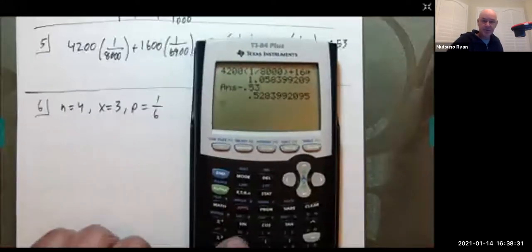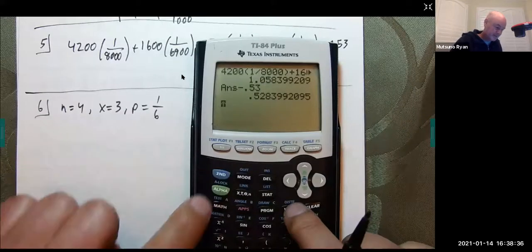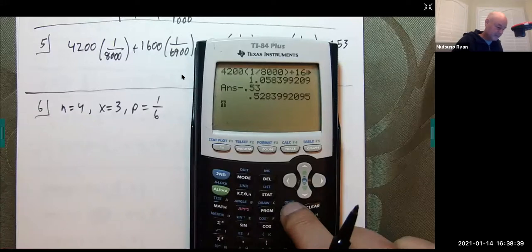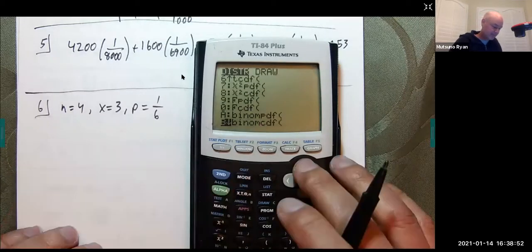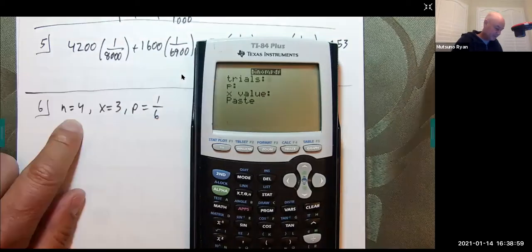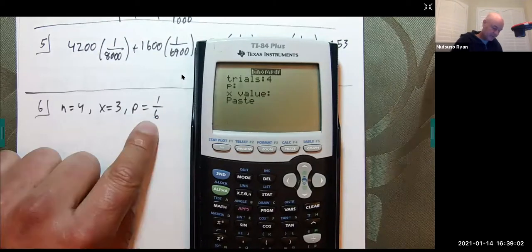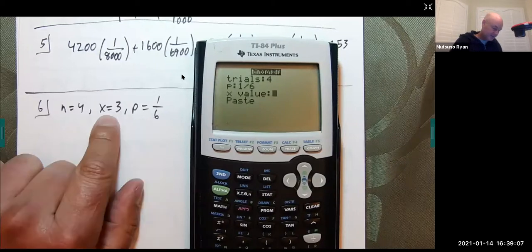So I hit second, distribution, and this is a binomial distribution. We have a greater than or less than, so we're going to use PDF for this one. The number of trials, by the way, you may have a different interface, and I'll show you what that will look like in just a second. The number of trials is 4. The probability is 1 divided by 6, and I can just put the 1 divided by 6 right in there. X is 3.